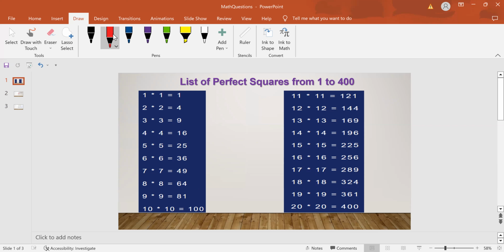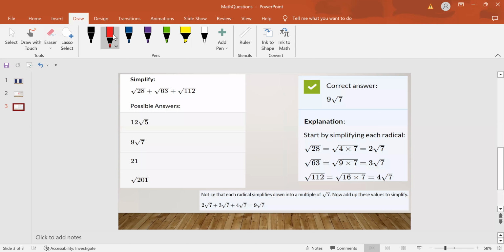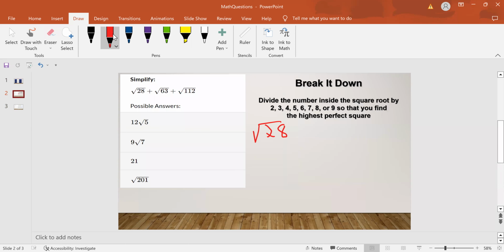So those are the perfect squares, and we see that 28 is not a perfect square. Because 28 is not a perfect square, the square root of 28 will be a decimal value if we use a calculator. But here, we don't need that. We need to simplify to get one of the solutions here, which are not decimal.